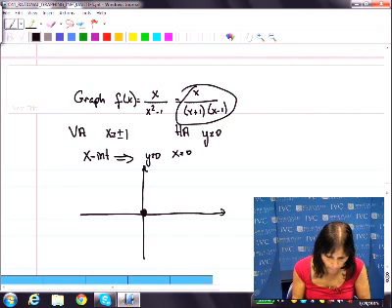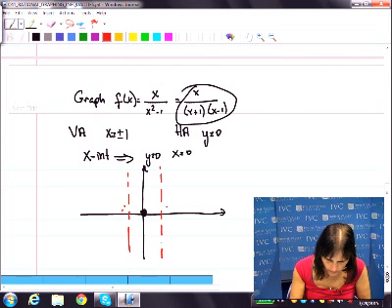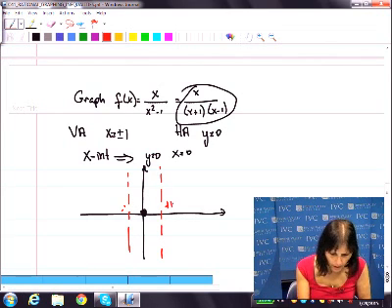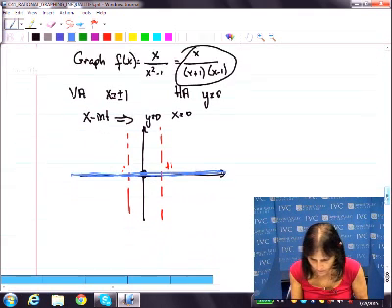Alright, so I have a vertical asymptote at negative 1, another one at positive 1, and I have a horizontal asymptote at 0. You can actually do some testing.